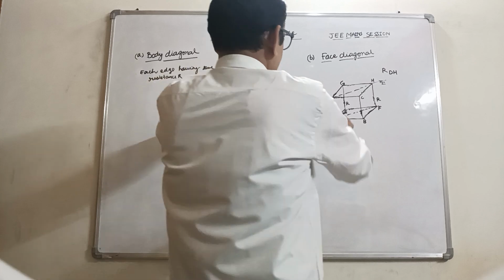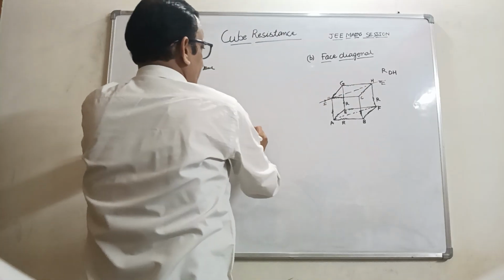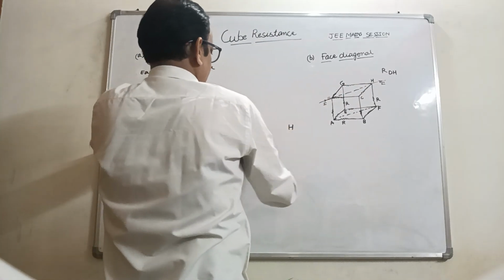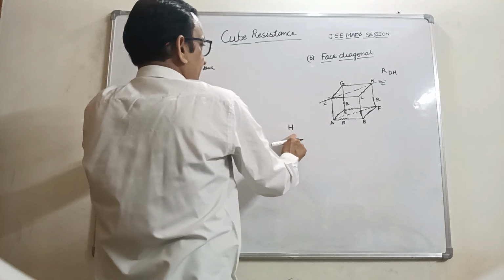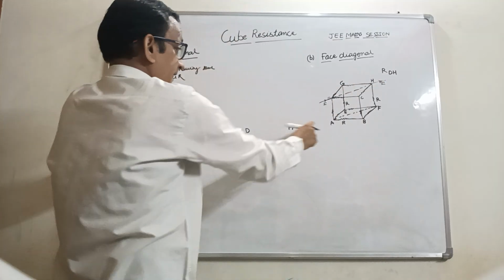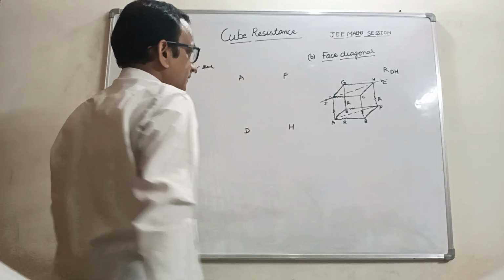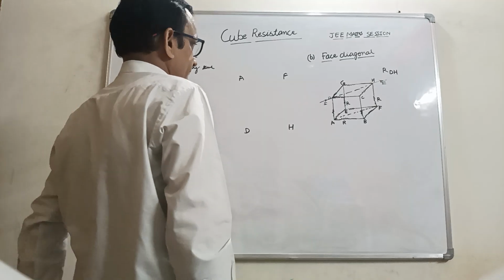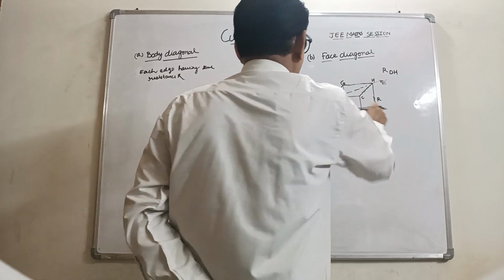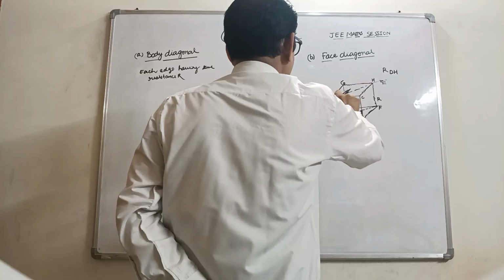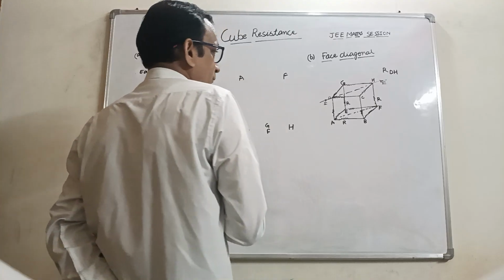Here G point. So we have to find the equivalent resistance across D and H. Similarly, this parallel diagonal will be A and F. This is the parallel diagonal, and here, this point, is in between D and H, so G and F. G and F would be at the same potential.